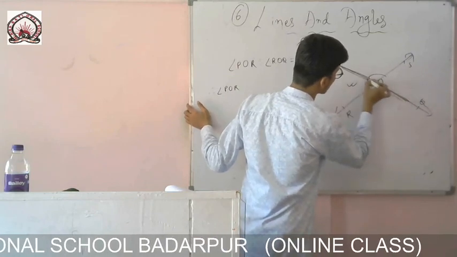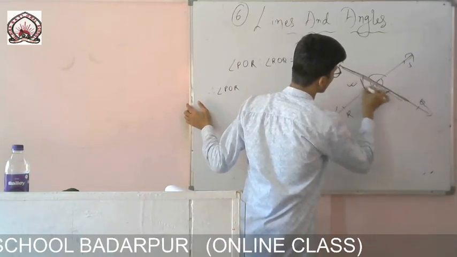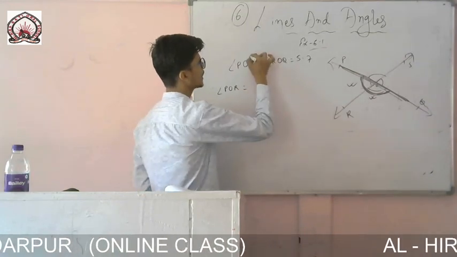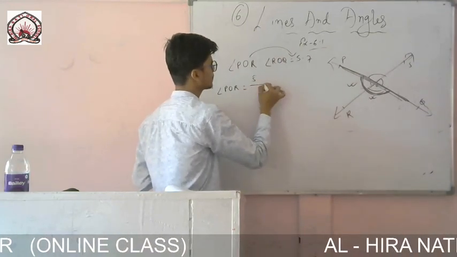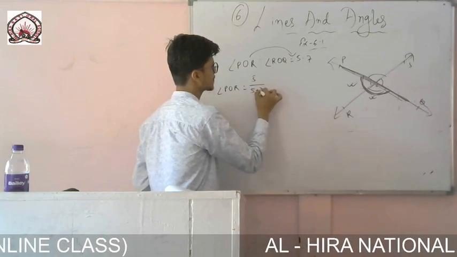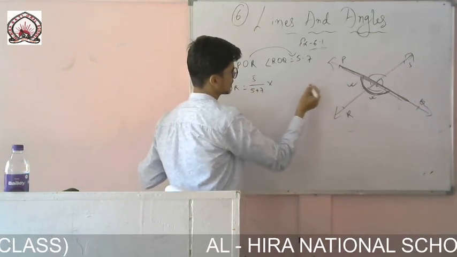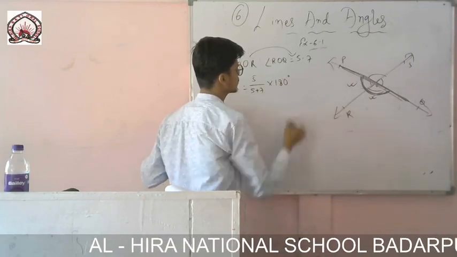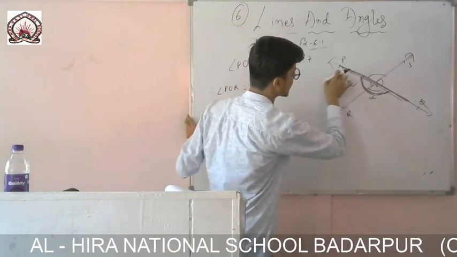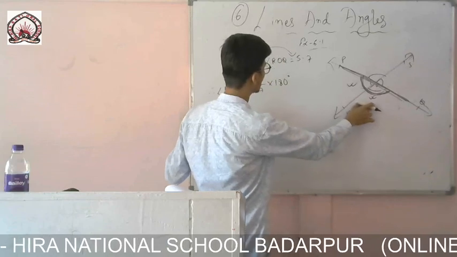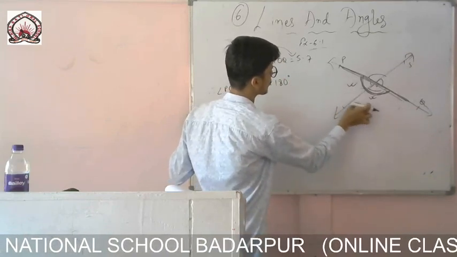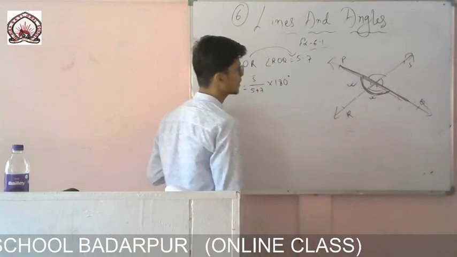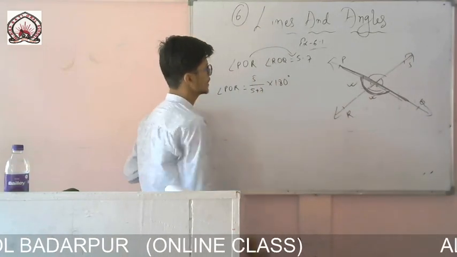This is a straight line and this whole angle will be equal to 180 degrees. So if I want to find POR, it will be 5 by the sum of the angle, that is 5 plus 7, into the total angle, which will be equal to 180 degrees. In the earlier sum it was 90 degrees. Here it is a straight line, this angle plus that angle. POR is to ROQ is given, that means the ratio of these two angles, and these two angles form how much angle? 180 degrees.